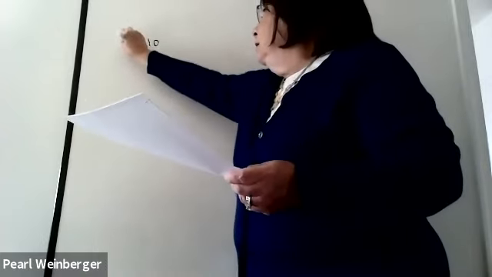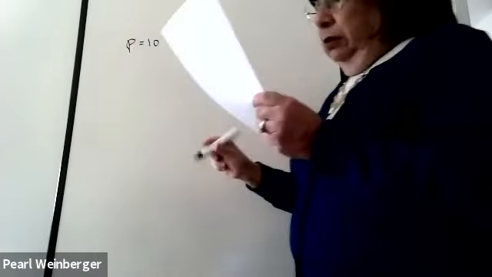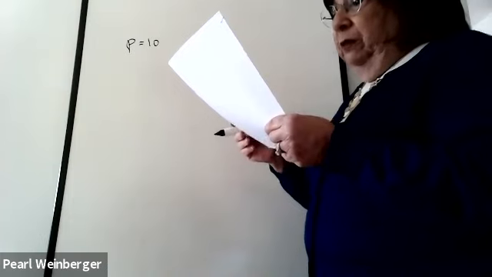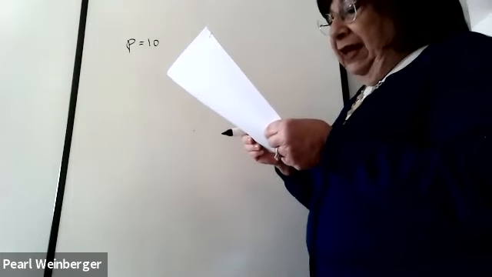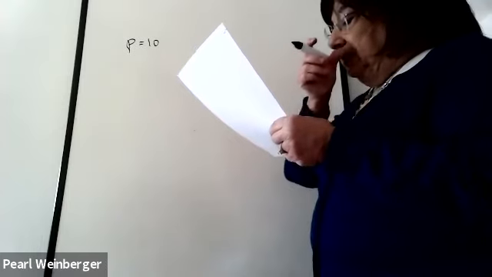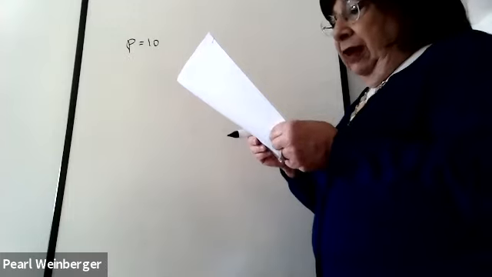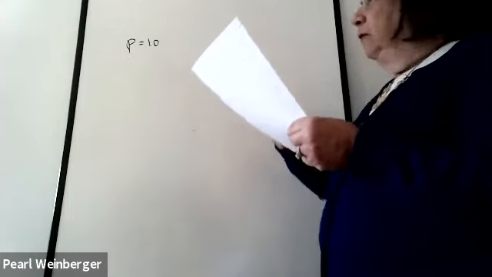Let's call it P for perimeter. If the length is doubled and the width was increased by 10, the perimeter would be 36. What are the length and width of the rectangle?